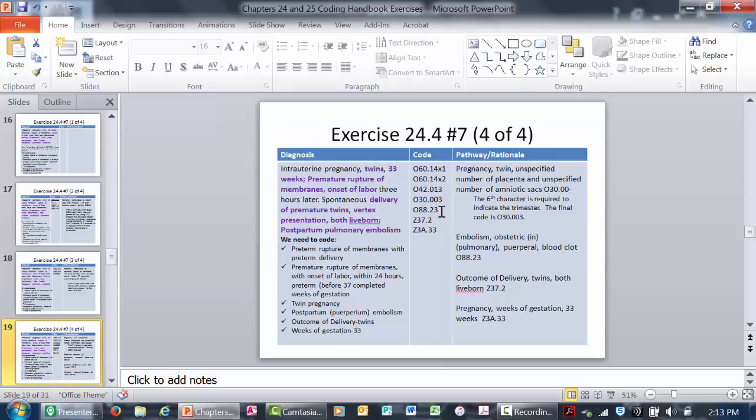O88 is the embolism that was mentioned here, the postpartum embolism. It's P-U-E-R-P-E-R-A-L, puerperal, and that is postpartum, so that's going to determine your final characters. Outcome of delivery twins, both live born, and your weeks of gestation.